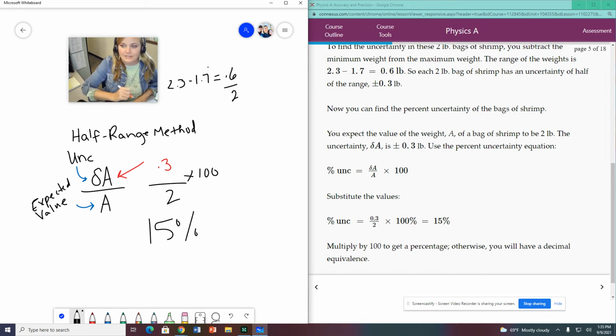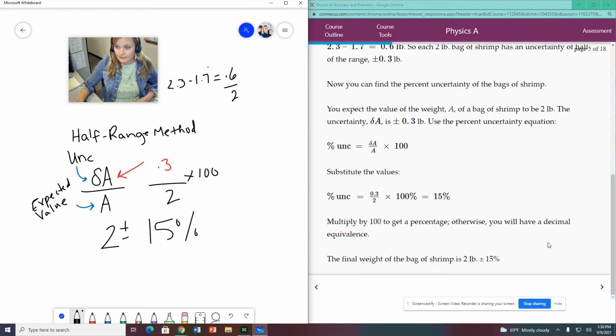So the uncertainty is 15%, or it's 2 plus or minus 15%, right? So I'm getting either 15% more or 15% less, somewhere in that range. It's right around 2, but that's my uncertainty. So that's how you use the half range method to determine the uncertainty and then take that uncertainty and divide it by the expected value times 100 to get the percent uncertainty.